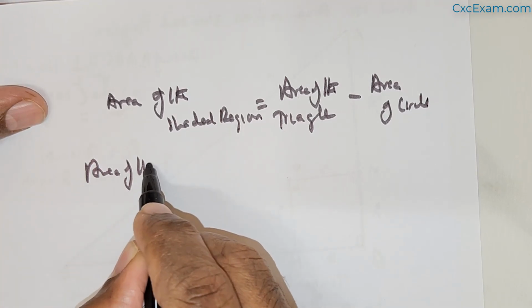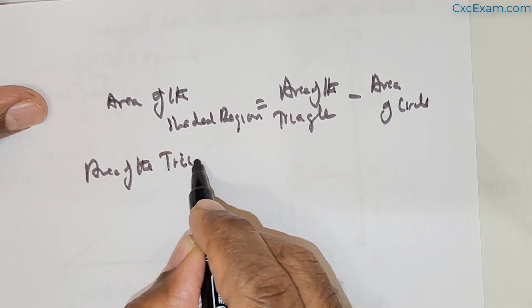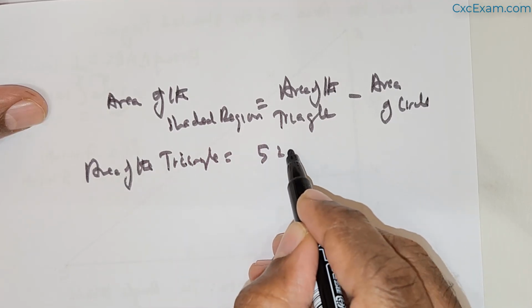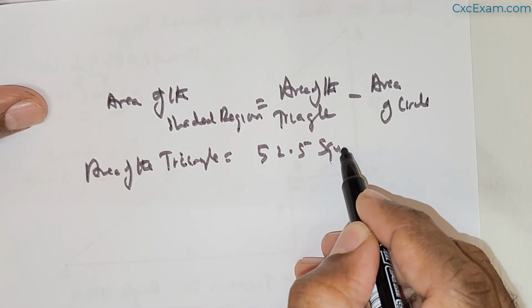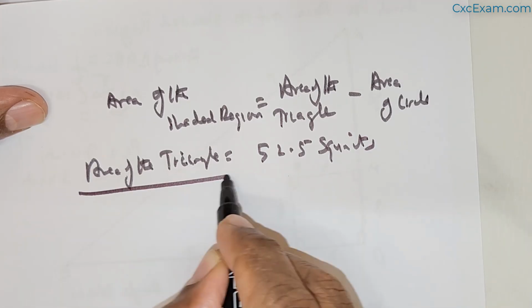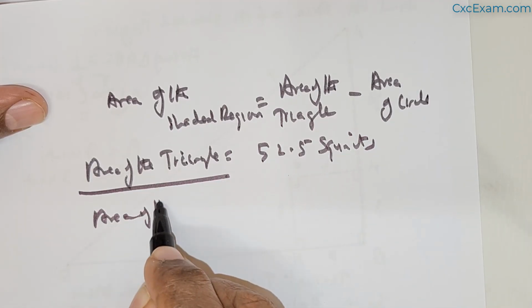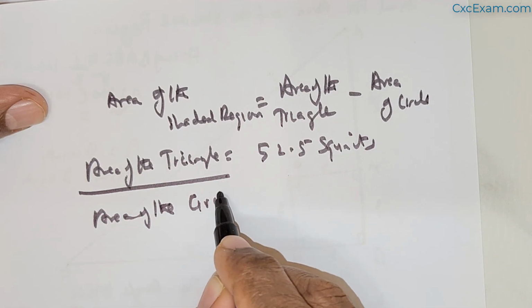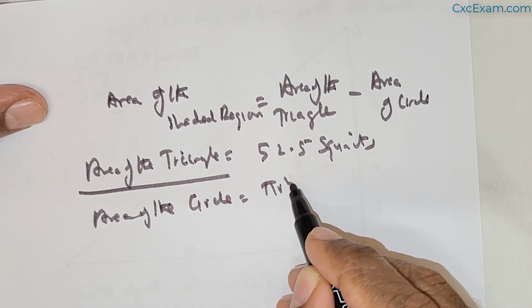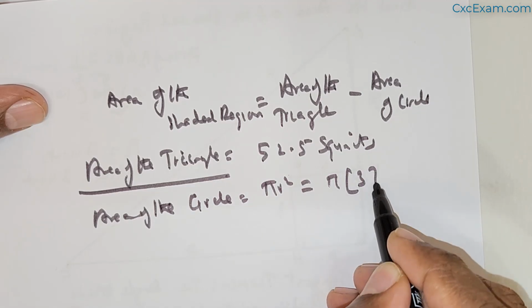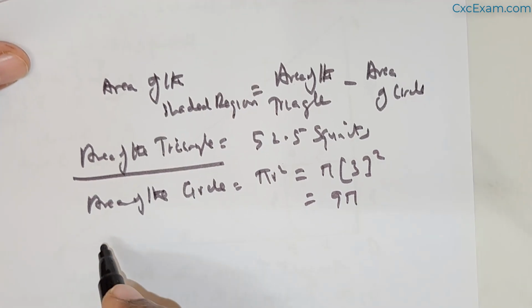So the area of the triangle is 52.5 square units. Area of the circle is pi r squared. Radius is 3 units, so 9 pi.